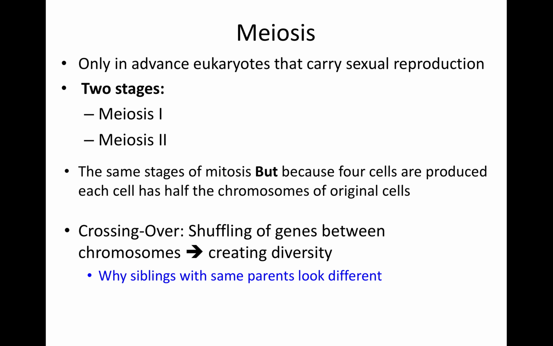Instead of forming two identical daughter cells, you actually form 4 cells that are not identical, but only carry half of the genetic information of the original cell. Genetic information is not identical because you undergo something called crossing over, where the genes are basically shuffled from one chromosome to another to create diversity. And that's the reason why two kids, even though they're siblings and from the same parents, do not look identical to each other.